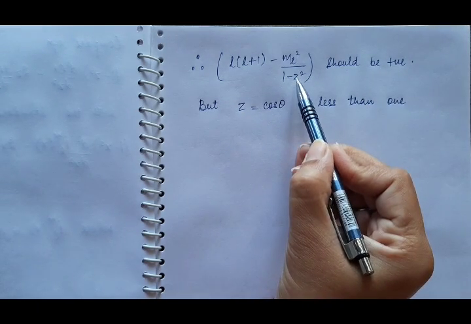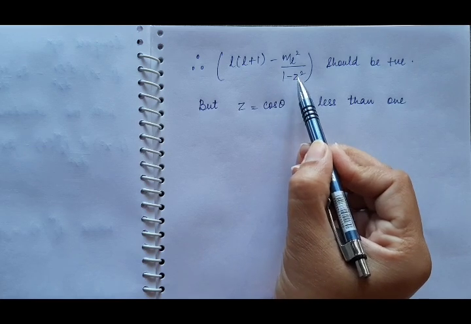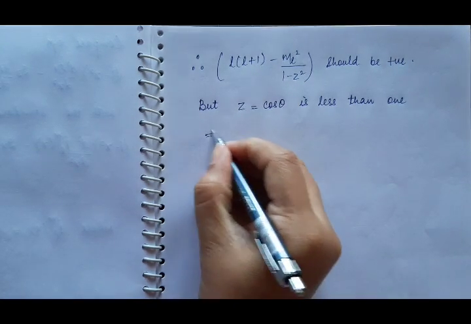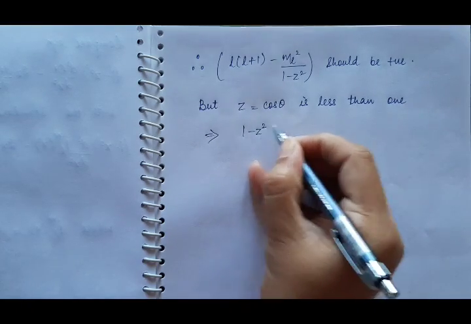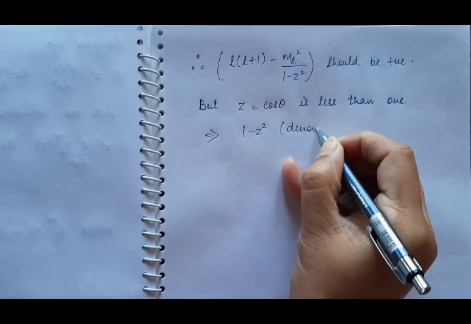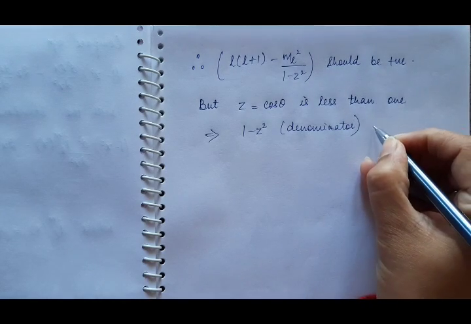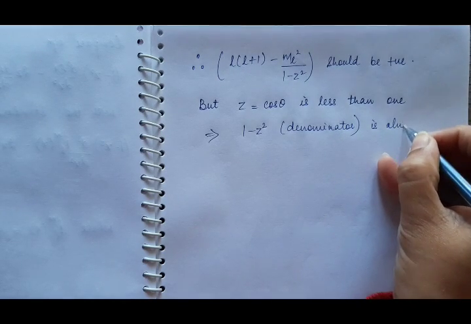If this is less than 1, it means 1 minus something, so the denominator is positive always. This implies 1 minus z squared, the denominator, is always positive.